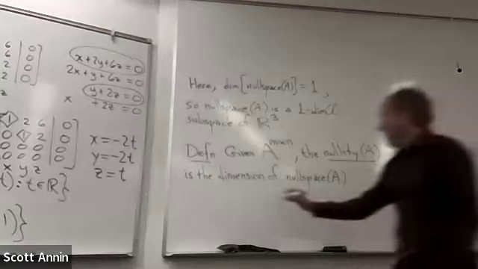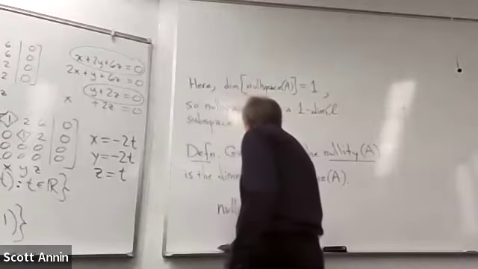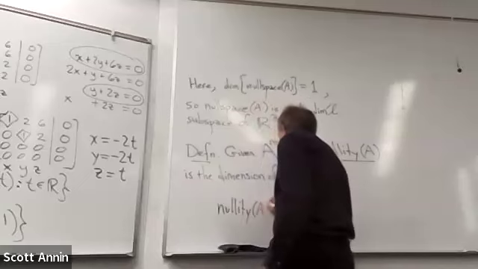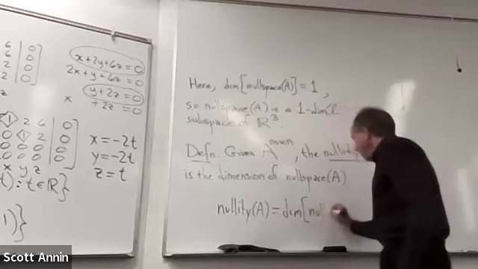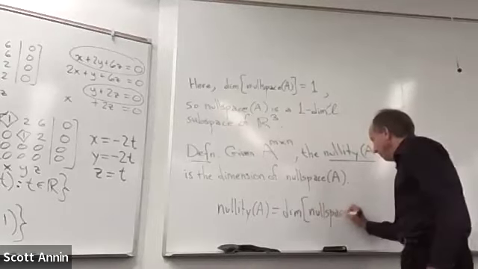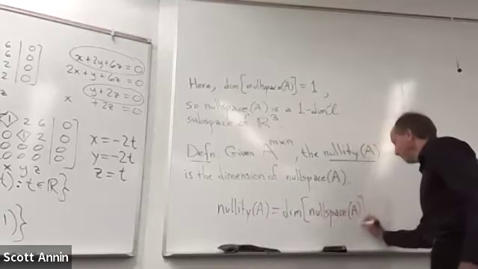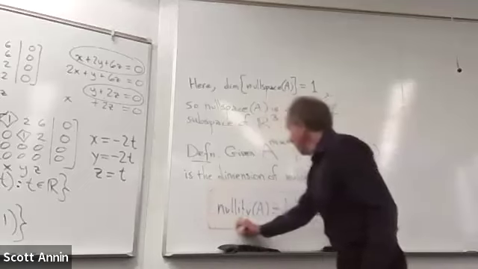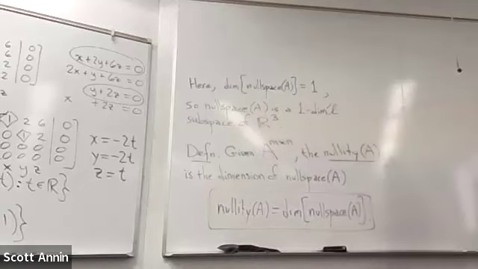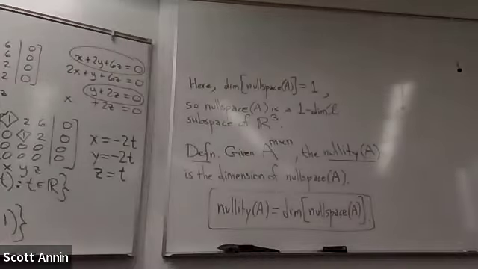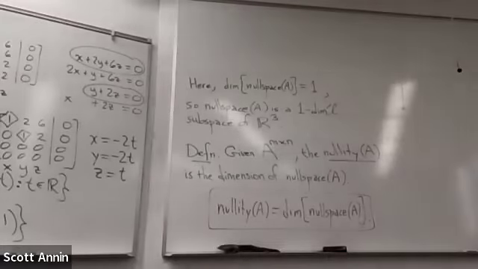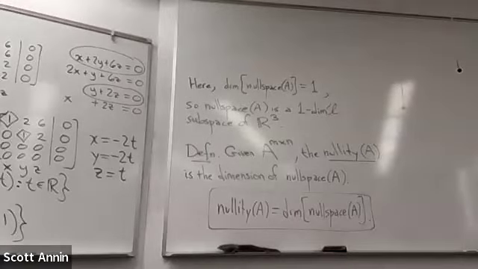Just to write it as an equation, the nullity of A is just dim of the null space of A. This is a new word that is very common in the theory of matrices. The nullity of a matrix, it's just the dimension of the null space.